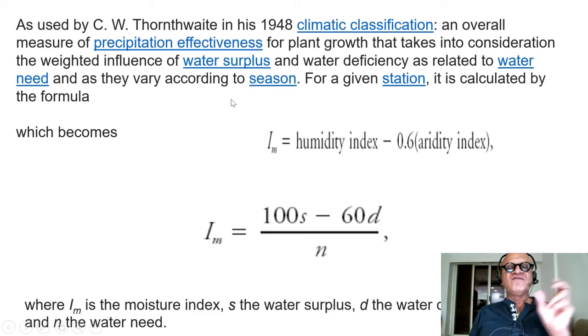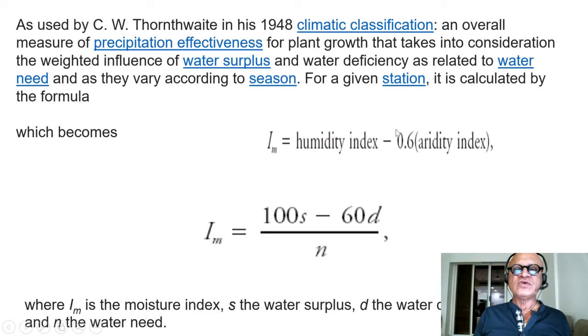And they vary obviously according to the season, because in the dry season actually plants can manage the water efficiency quite well. So that's what this means. There is also humidity and aridity indices involved here. Basically they are temperature dependent indices of the humidity above the threshold, and aridity means you are below the threshold.